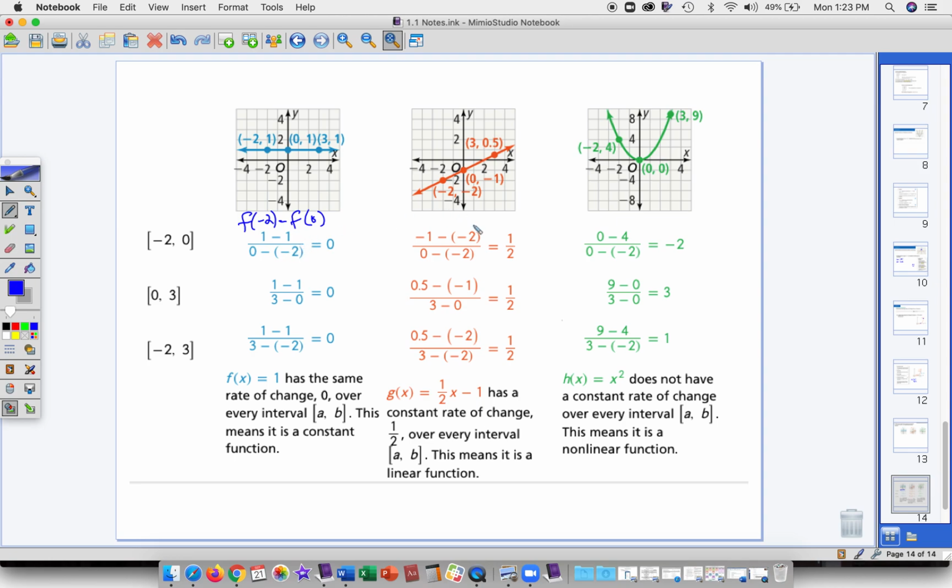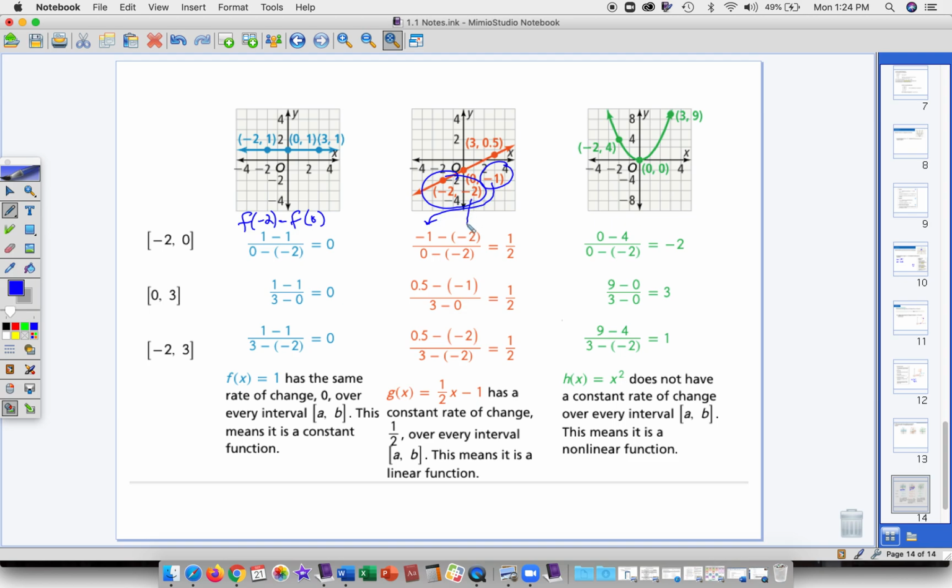Okay, let's actually go over to this one so you can see the difference here. Again, I'm using those same values for x of 0 and -2. When I look at f of -2, that's this point here, the y value is -2. When I look at f of 0, the y value is -1. So here's that -1.